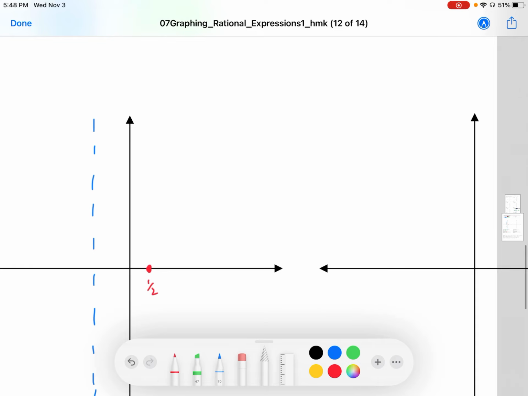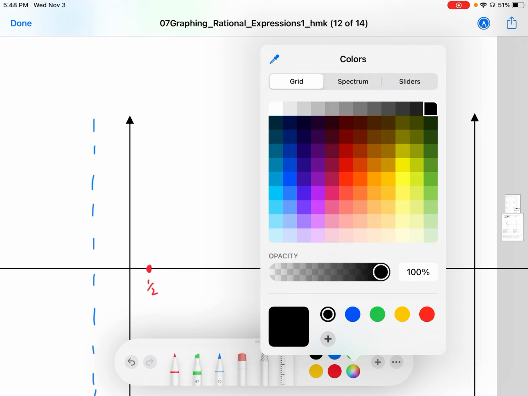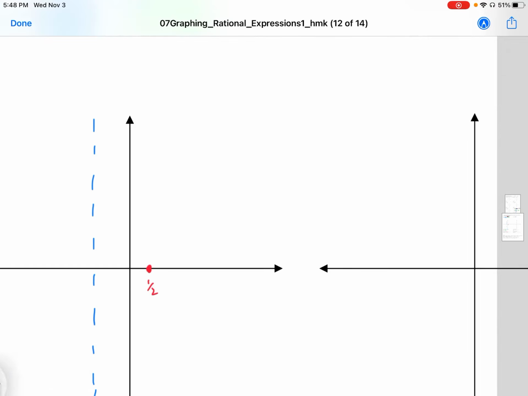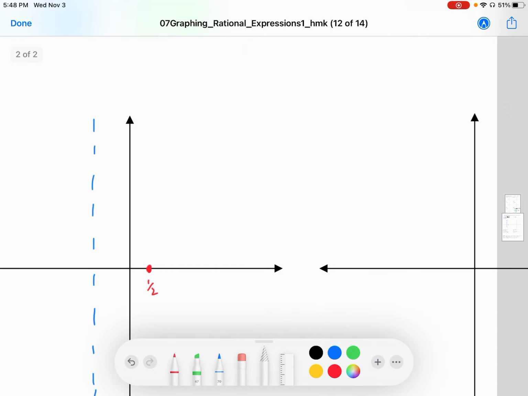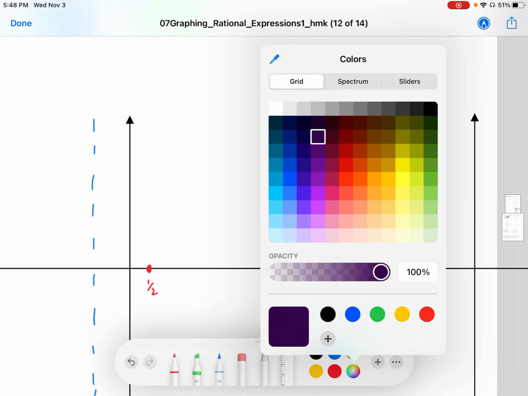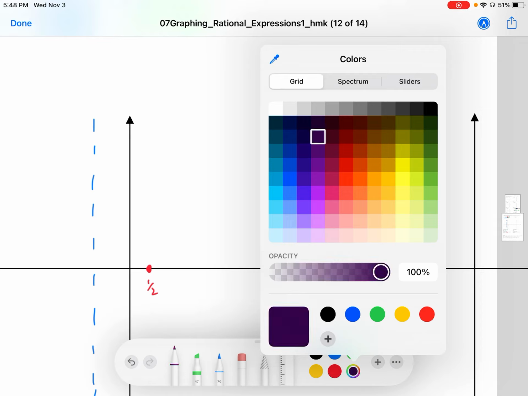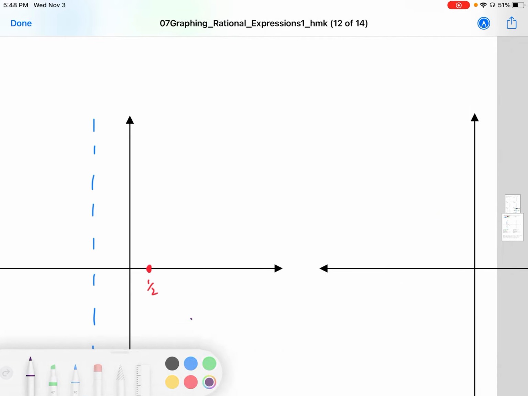So the y-intercept, I'm going to draw, and I'll choose a different color here, in maybe purple, at -1/2, maybe somewhere around here. There's my y-intercept.